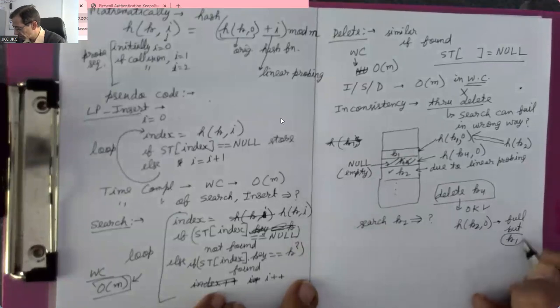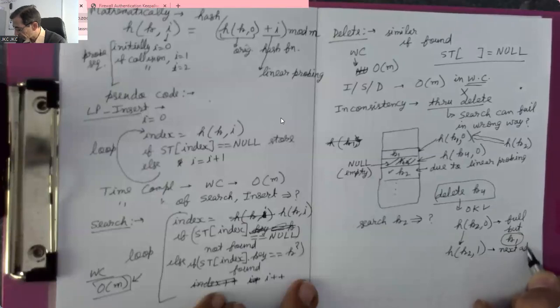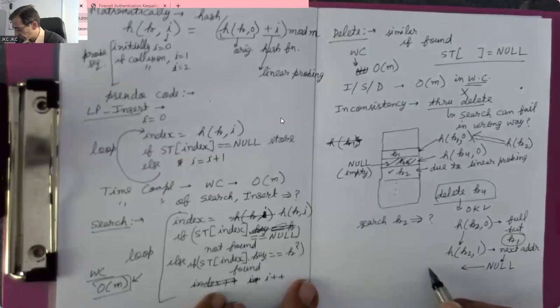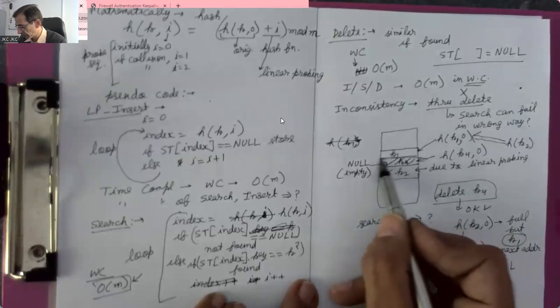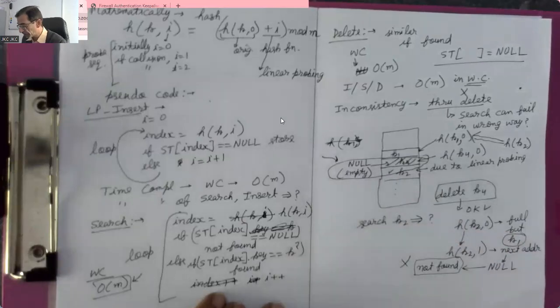The key is K1. So that means go to the next hash function, H of K2 1, effectively the next address. The next address is empty, and I conclude that it is not found, although it existed. So this is incorrect. It happened all because the deletion has made an empty space in between, and next time the search will fail.